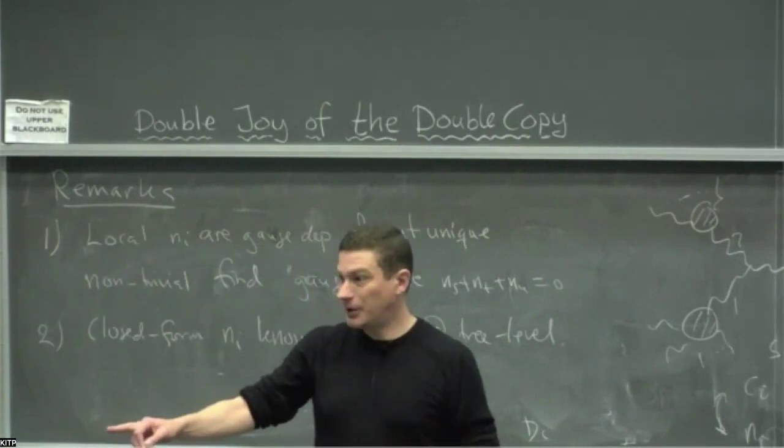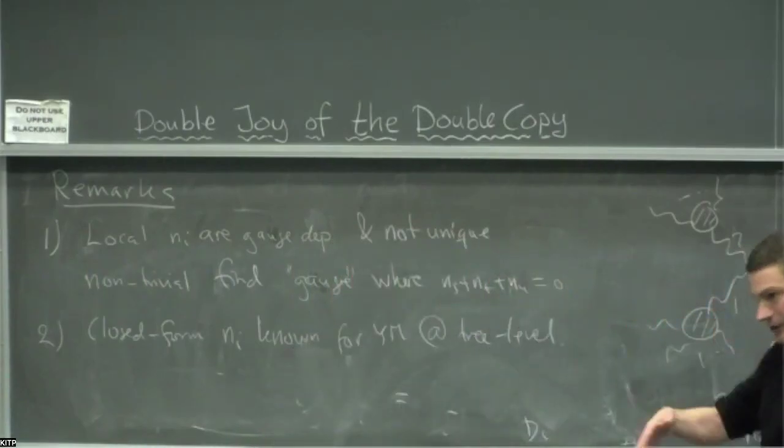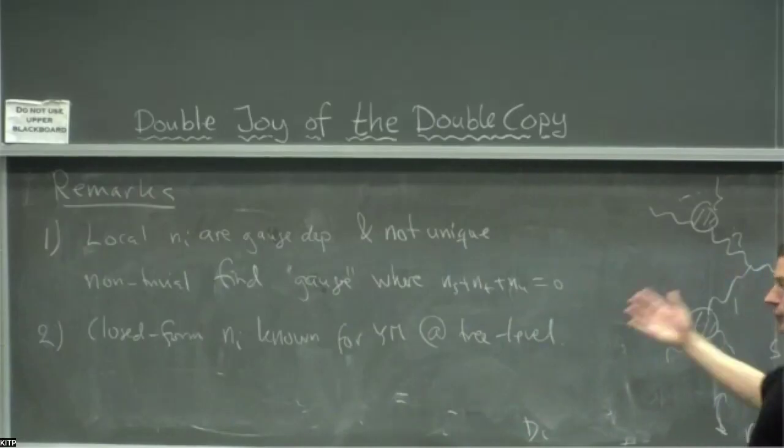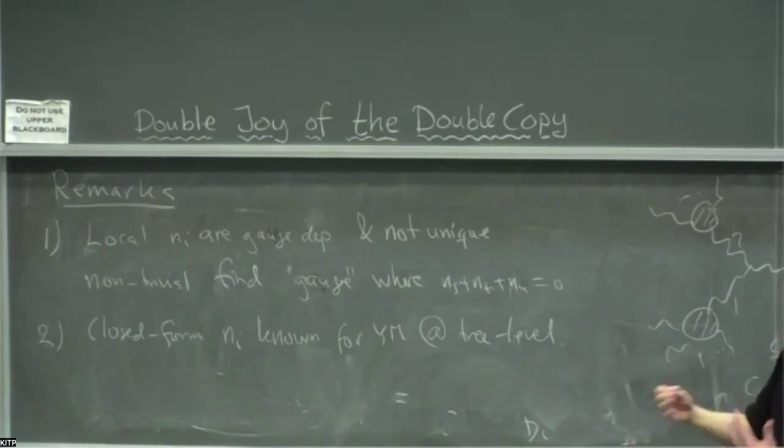BCFW, Britto-Cachazo-Feng-Witten, is an on-shell recursion formula. It's not used for computing numerators, but it's used for computing gravitational amplitudes. So if you're wondering what's the most efficient way of computing gravitational amplitudes, BCFW might be it.